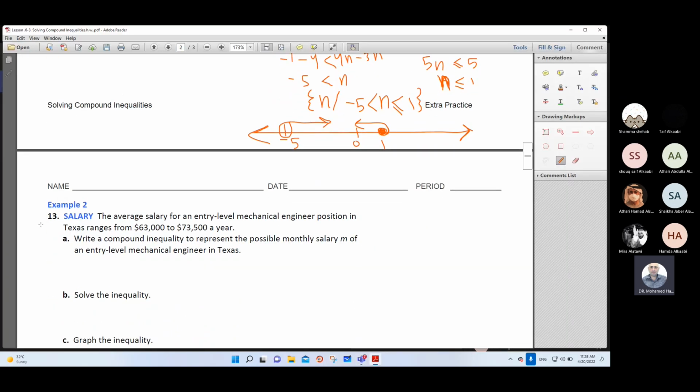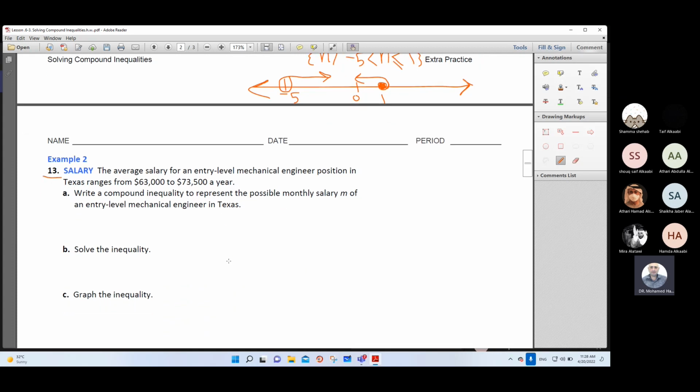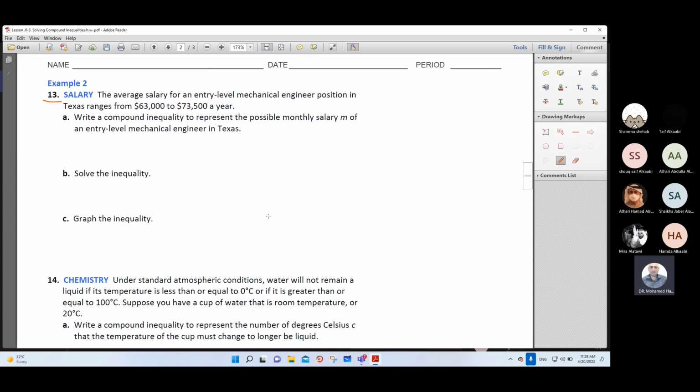Who can read exercise number 13, please? Can I read? Yes, please. The average salary of an entry level mechanical engineer position in Texas ranges from 63,000 to 73,500 a year.